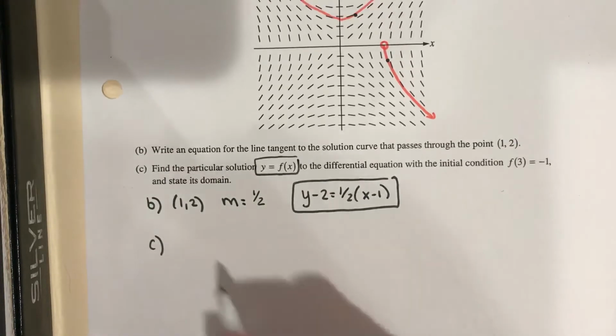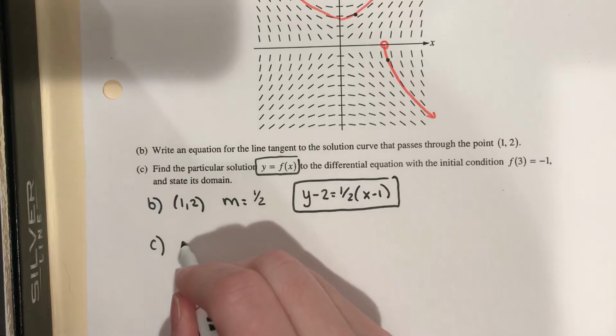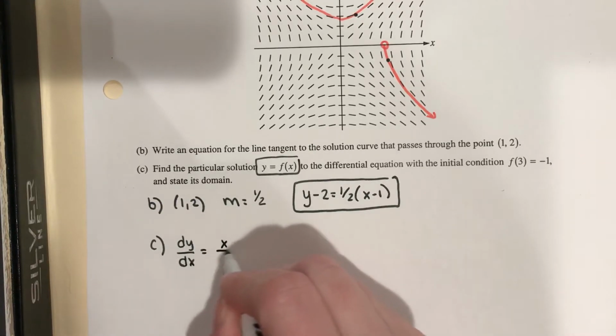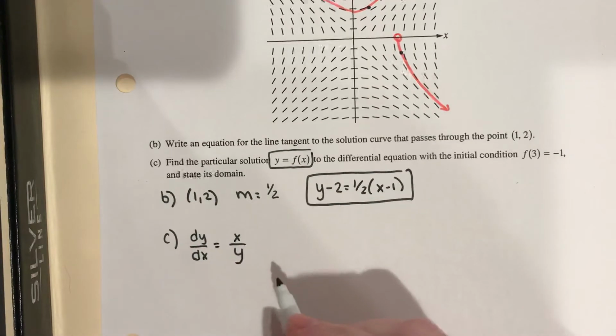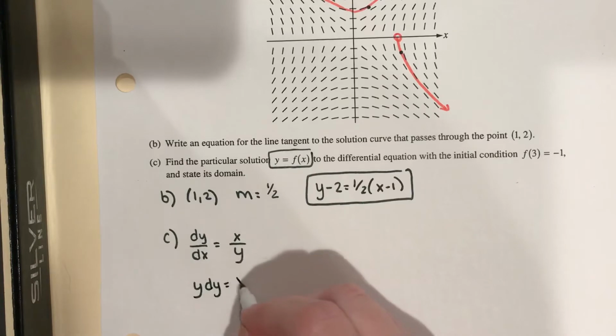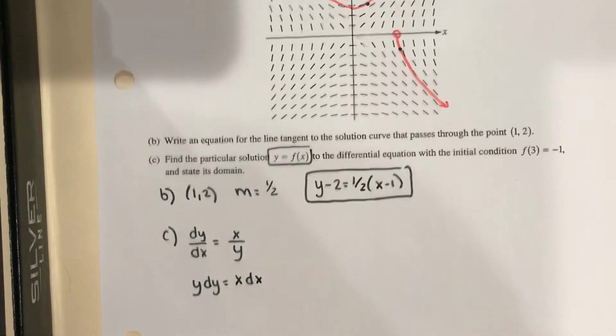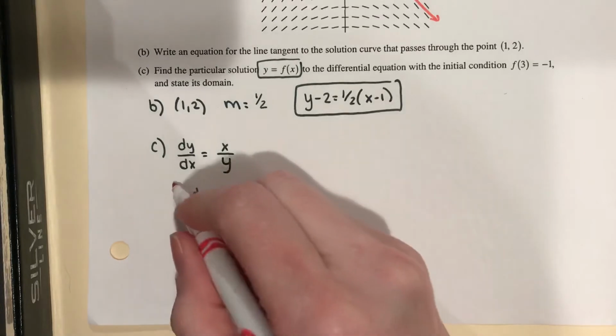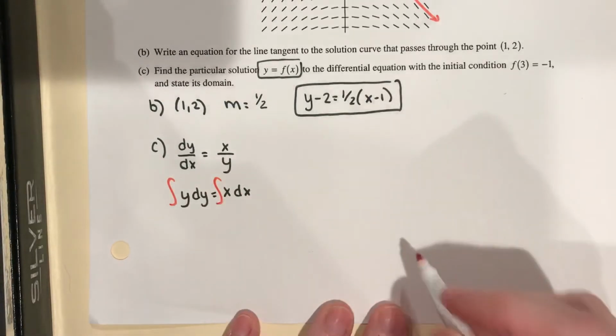So let's start by writing our differential equation down: dy/dx equals x over y. Next step, I'm going to cross multiply, so y dy equals x dx. This is pretty easy because it separated the variables for us after we cross multiply, so we don't have to worry about that anymore.